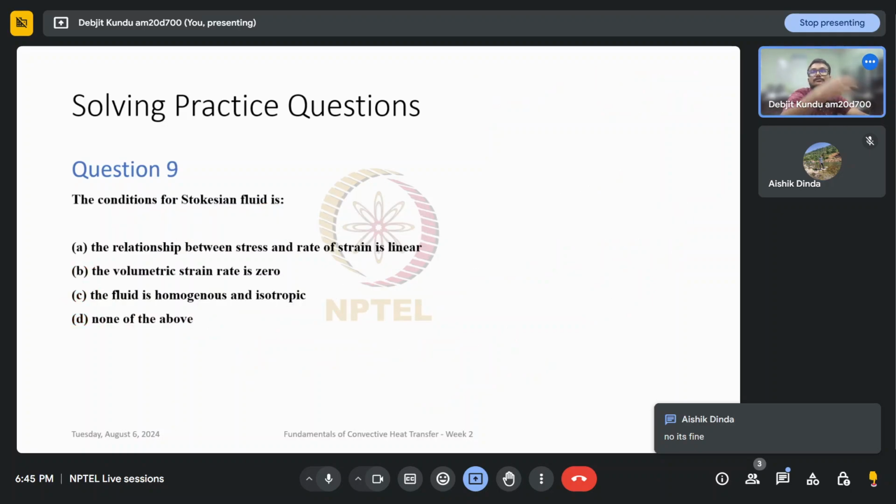We'll move on to question number 9 now, which is asking us what the condition for a Stokesian fluid is. Option A, the relationship between stress and strain rate is linear. Option B, the volumetric strain rate is 0. Option C, the fluid is homogeneous and isotropic. Or option D, none of the above.